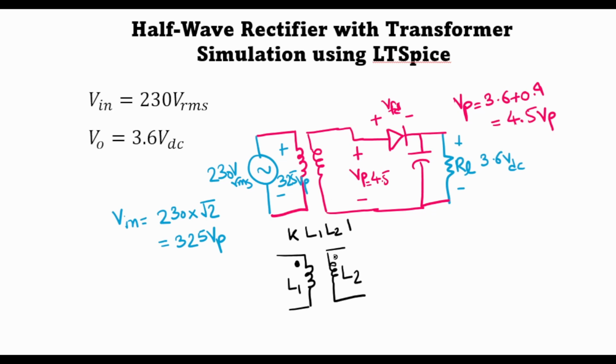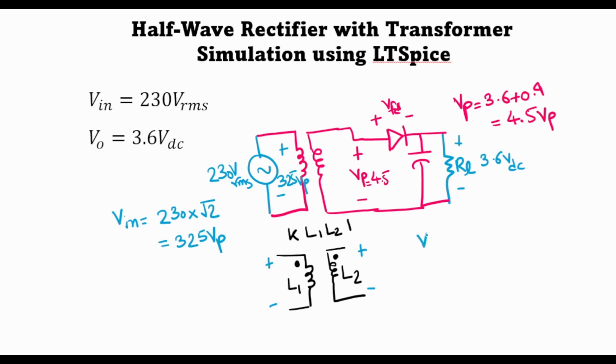And this dot convention is extremely important because this tells us about the polarity of the voltage. So if the input voltage is positive and negative like this, then we have to put the dot at the start of the winding so as to have a positive voltage at the secondary side inductance as well.